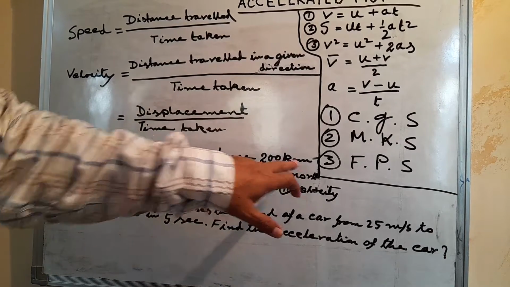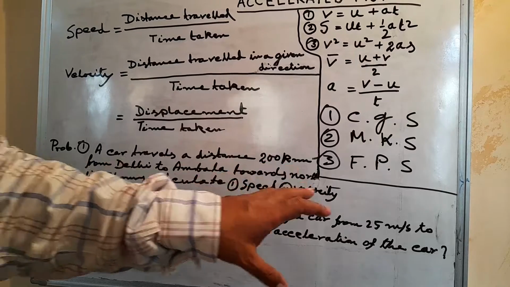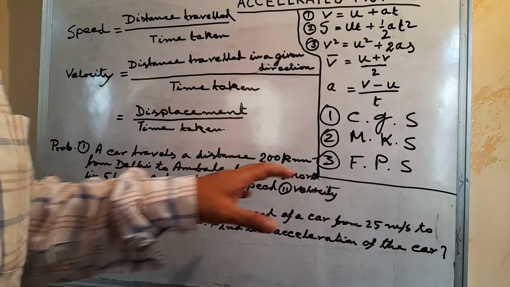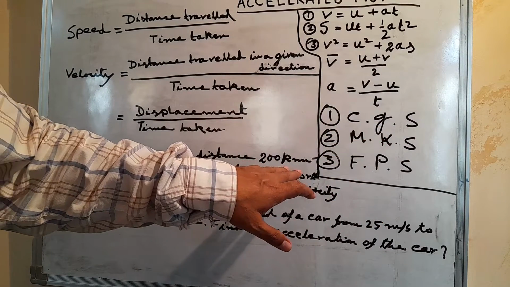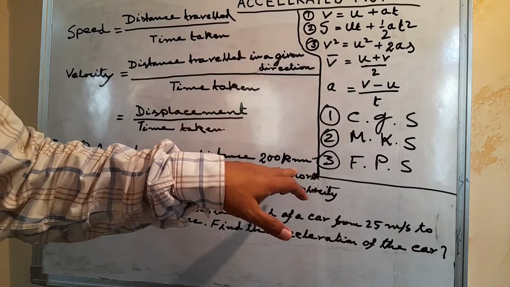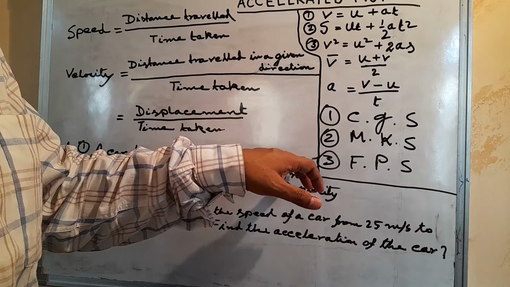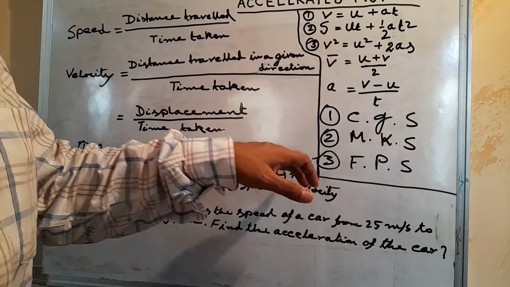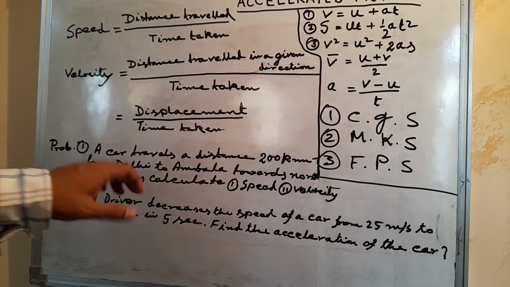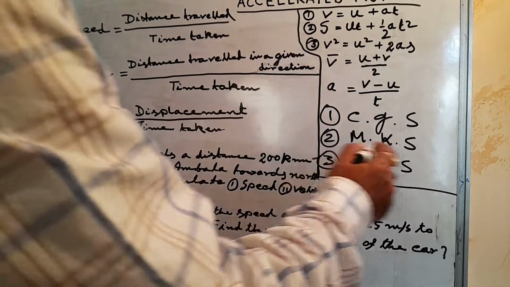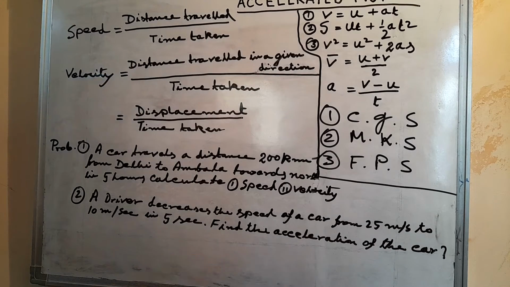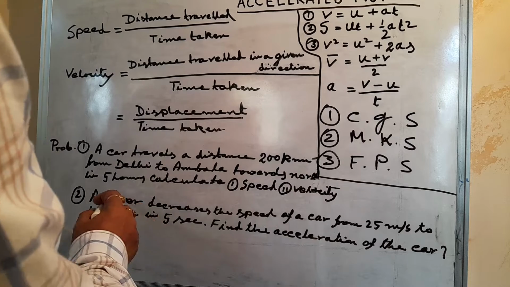Kilometer and hour are the units. So, 200 km and 5 hours.